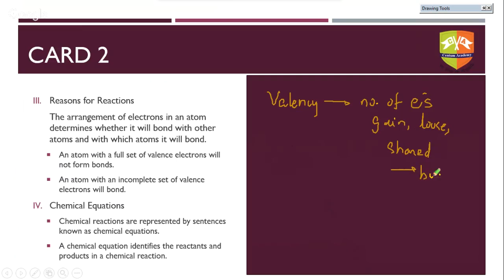Valence electrons means the number of electrons in the outermost shell. To give you an example, when the number of electrons in the outermost shell is 5, then the valence electrons is 5.